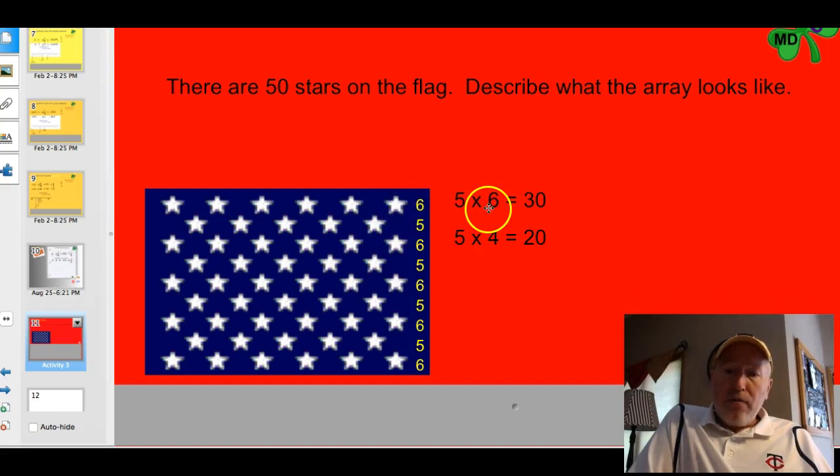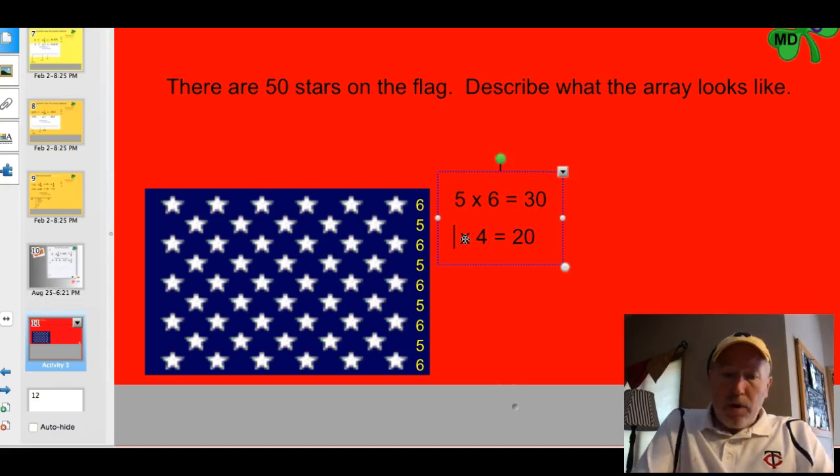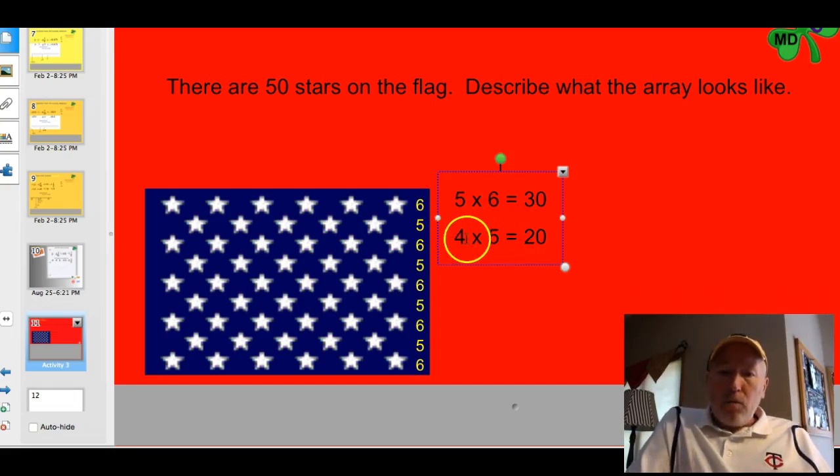So we have 5 rows of 6 stars, which is 30, and we have 4 rows of 5 stars. So 1, 2, 3, 4, 5 rows of 6, and then 1, 2, 3, 4 rows of 5. So there's your 50 stars.